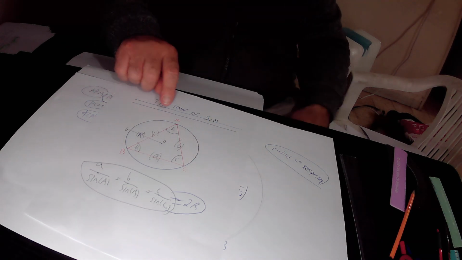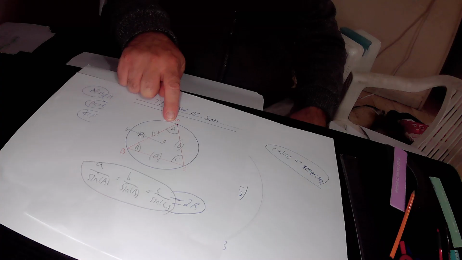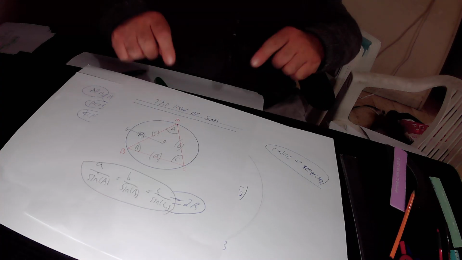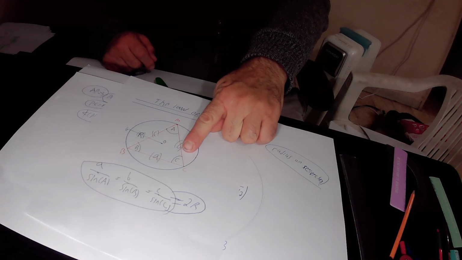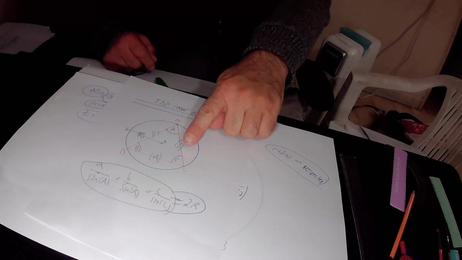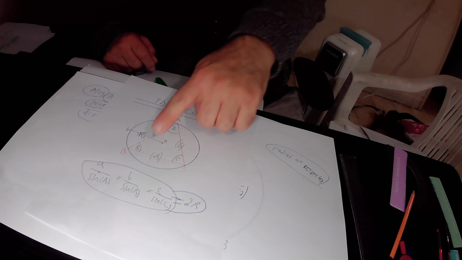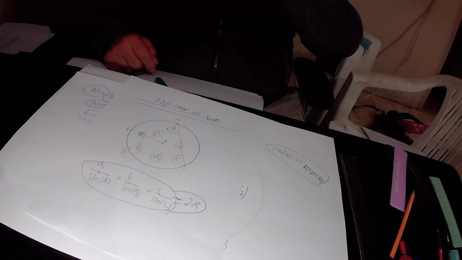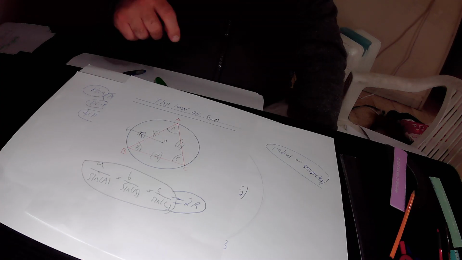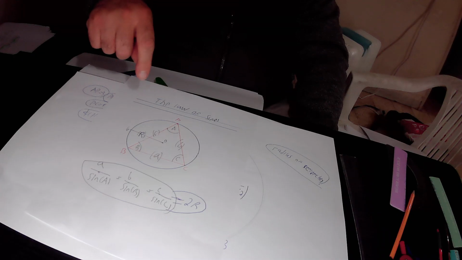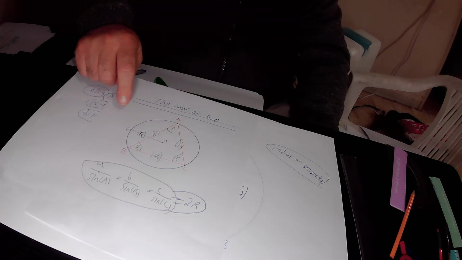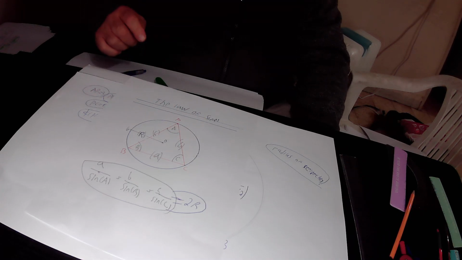This is angle BAC, equal to capital A degrees according to definition. This is angle ACB equal to capital C degrees. And this is angle ABC equal to capital B degrees in its size. And this triangle ABC is inscribed in this circle, and the radius of this circle is R.